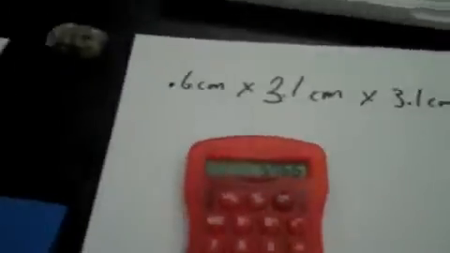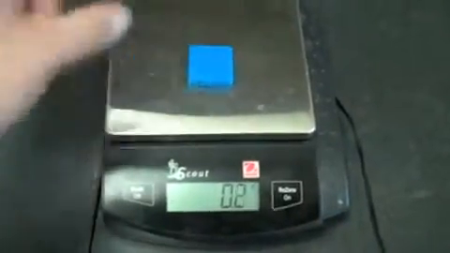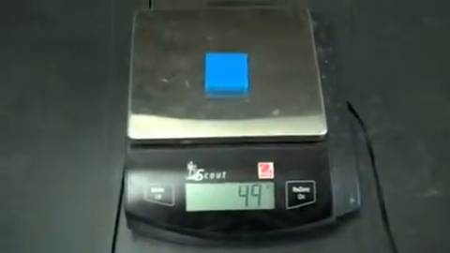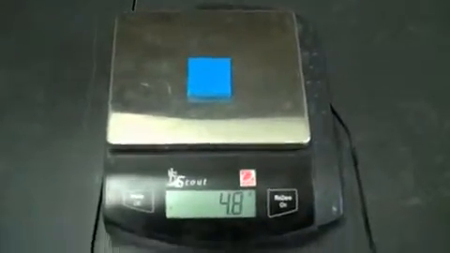milliliters. Alright, now I got to go find the mass of this object, so I come over here to one of our scales, and the scale says 0, so I don't need to do anything with it, and it's on grams. Got to make sure it says 0. Put my object on there. It is 4.8 grams. Write that down for my mass.